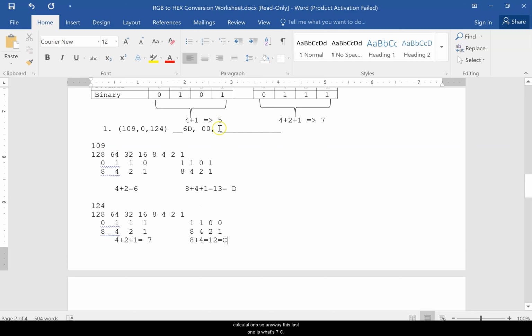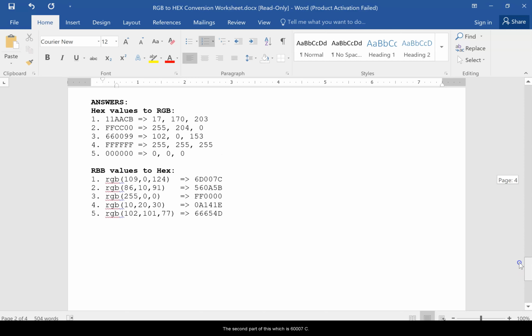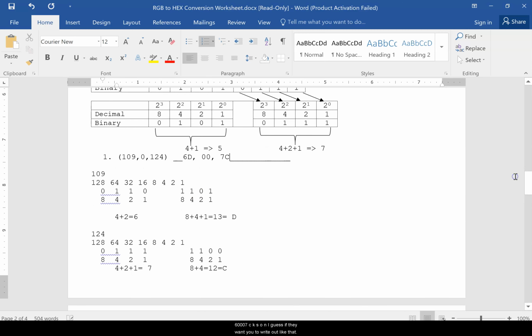So anyway, this last one is 7C, and then I can check my answers to the second part of this, which is 60007C. Okay. And I guess if they want you to write it out like that, then just do that, and that's fine.